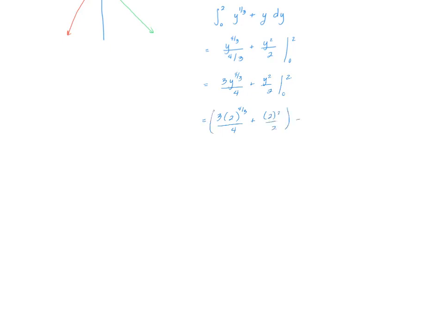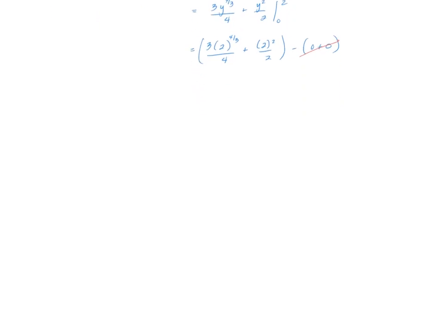And then I would just be subtracting the 0 plus 0. This is not going to turn out to be anything nice. 2 to the 4th is 16, so we're taking the cube root of 16, and that's going to be times 3 divided by 4 plus, the other one's not bad, that's 4 over 2, so it's just 2.